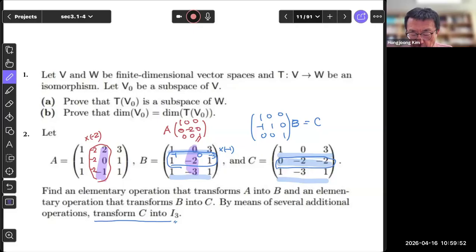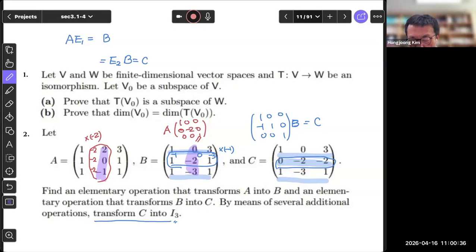Okay, so here's what I did. Given A, I obtain B by performing a certain column operation. So B is obtained from A by multiplying a certain elementary matrix, say E1. Let me call this guy E1. Then C is obtained from the B matrix by performing a certain row operation. So if I consider a certain elementary matrix E2, then when I pre-multiply that matrix to B, you obtain the C matrix.